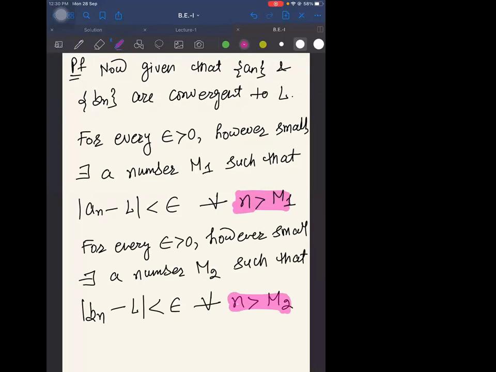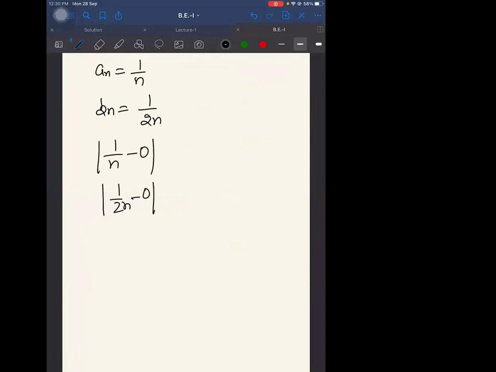Let me give you a simple example. Take one sequence to be 1 by n, and take the other sequence to be 1 by 2n. So there are two sequences, and both are converging to 0, right? But you give the same challenge to them. Let's say you want it to be less than 1 by 10. So for 1 by n, n should be greater than what? 10, or 11.